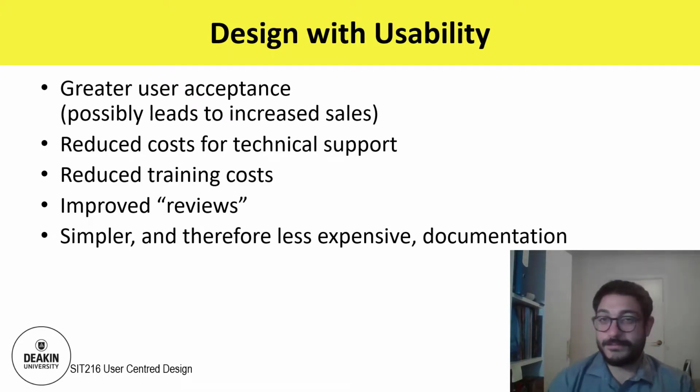Reduce training cost. Same, left, right, easy. Improved reviews. If you have a good application, people will go and say, hey, this is really good, start using this. And this is very much out there when you look at applications which are more in fighting for the market.